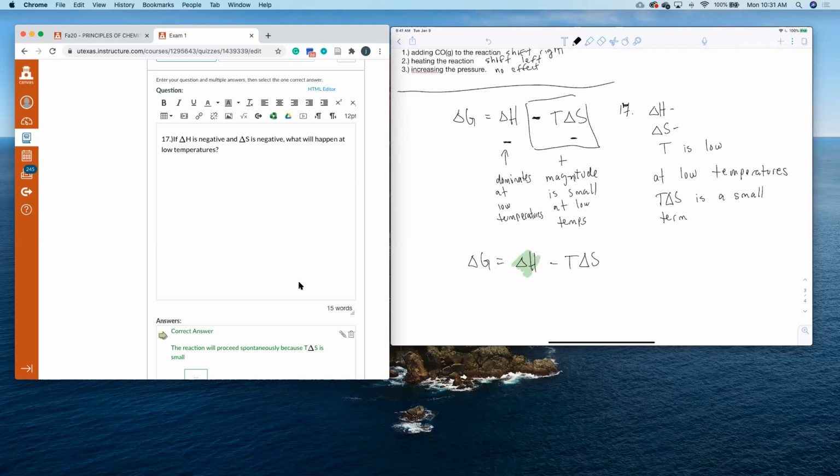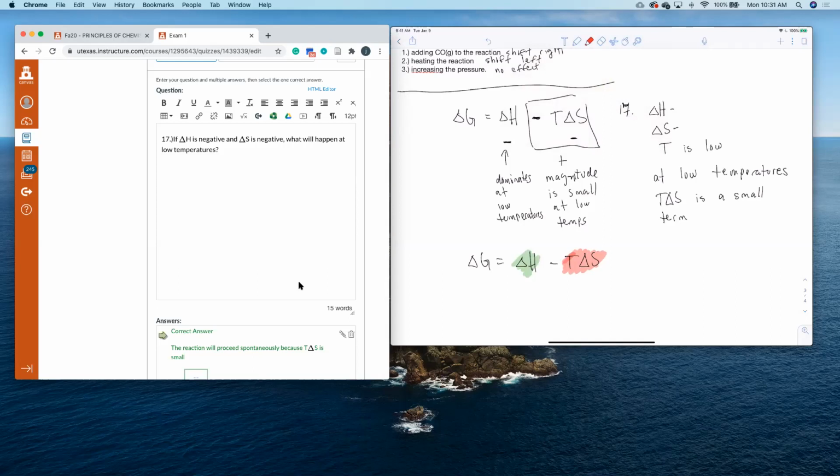But the entropy term, which I outline in red here, is extremely temperature dependent. So systems where entropy dominates are typically at really high temperature.